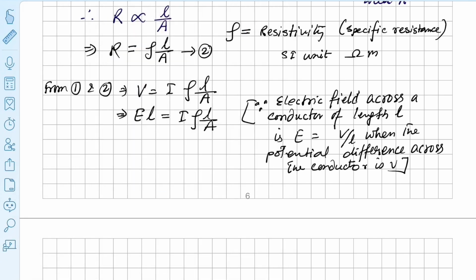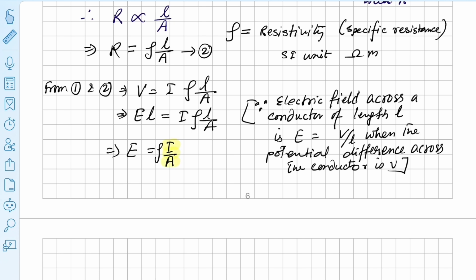So we can write that E is equal to rho, I by A. That's what we can write.